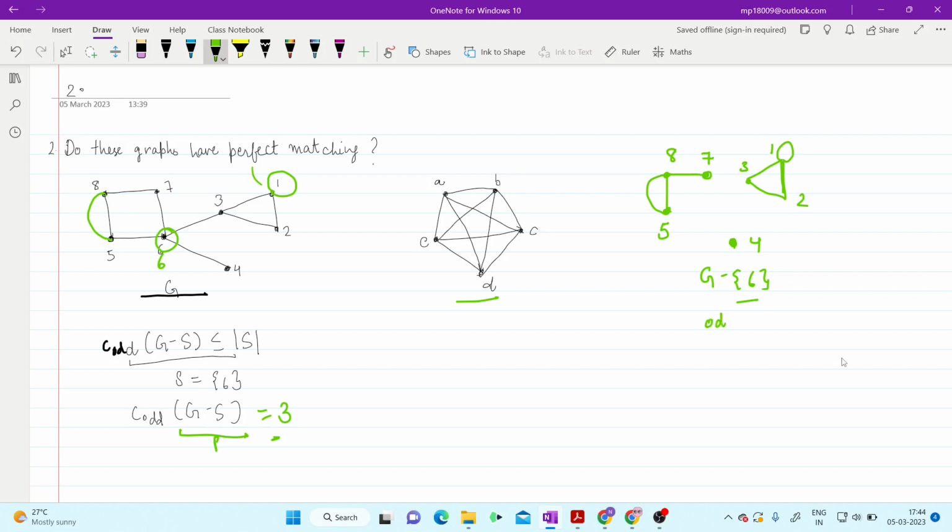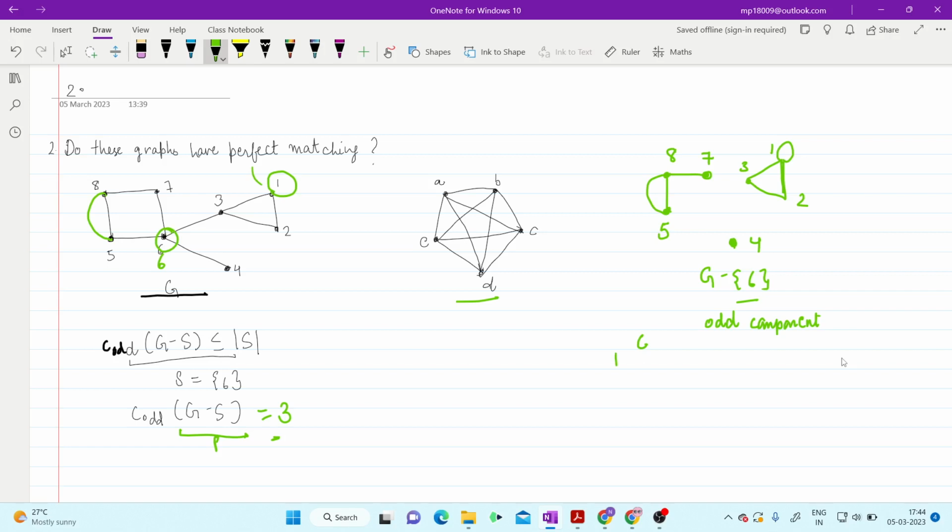By odd component we mean that the number of vertices is odd. If you take the loop as one vertex, then the number of vertices will be four, no? No, the number of vertices is still 3.